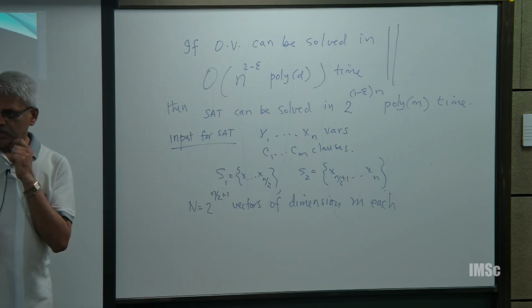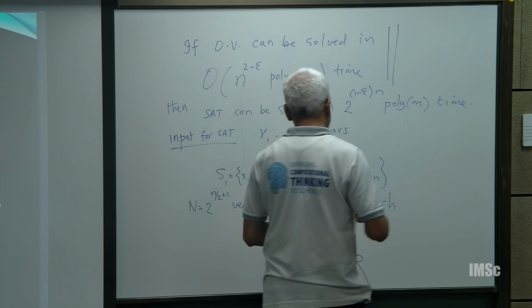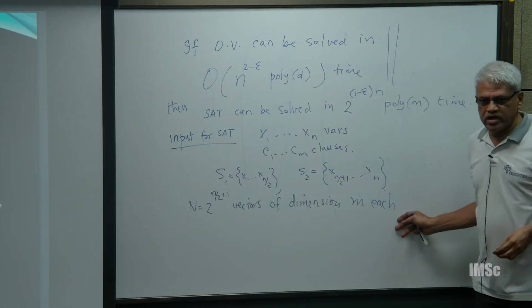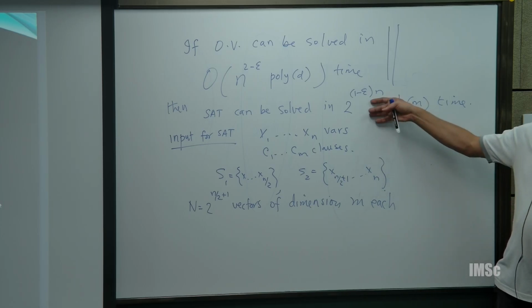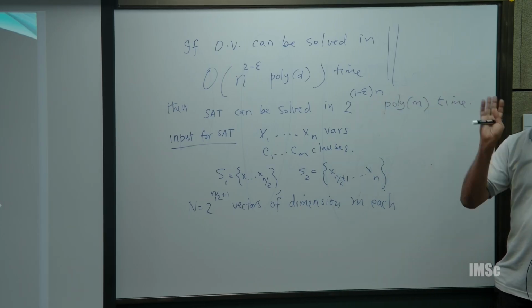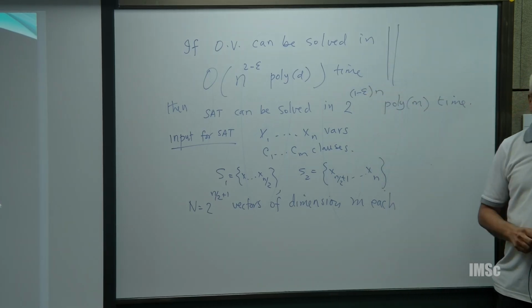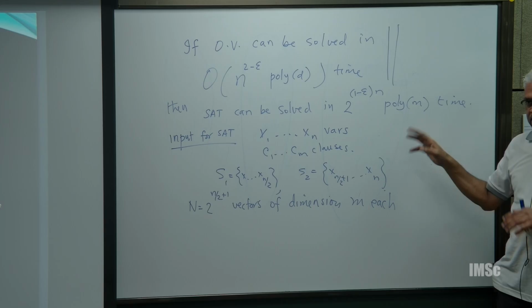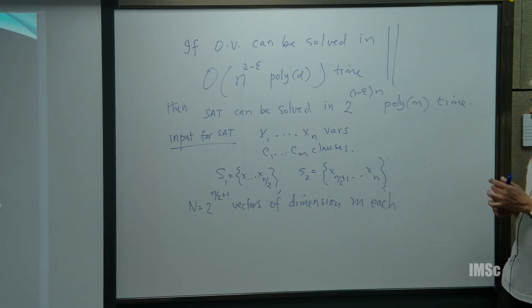So, that is the goal. I am going to have this huge number of vectors. And what property do I want? I want there to be a pair of orthogonal vectors here if and only if the original SAT formula is satisfied. That is the goal. Then I can use the orthogonal vectors algorithm to solve SAT, and then we will do the running time analysis carefully.